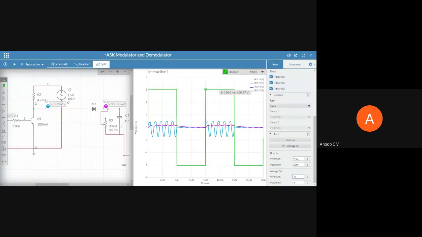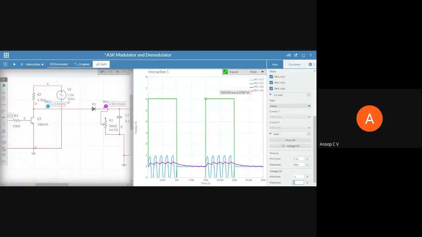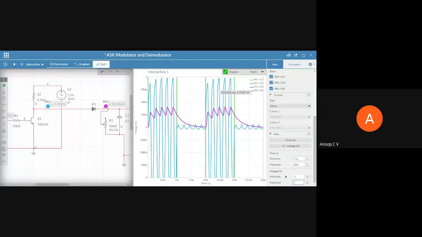So I'm going to limit the axis from minus 500 millivolt to plus 500 millivolt, or minus 1 volt to plus 1 volt. We do have a provision here. Now I'm limiting the axis from minus 1 to plus 1, so you can see the envelope detector output clearly.